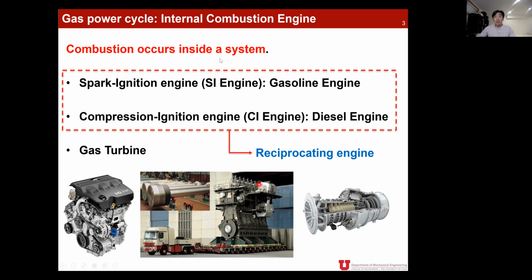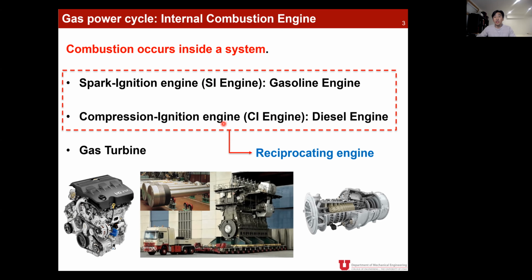Those two engines, the SI engine and the CI engine, have a piston inside, and the piston moves up and down, and this up and down motion is converted to rotating motion by using a shaft, the crankshaft.